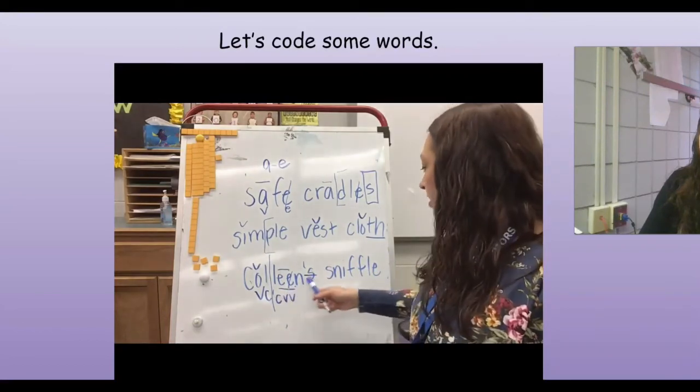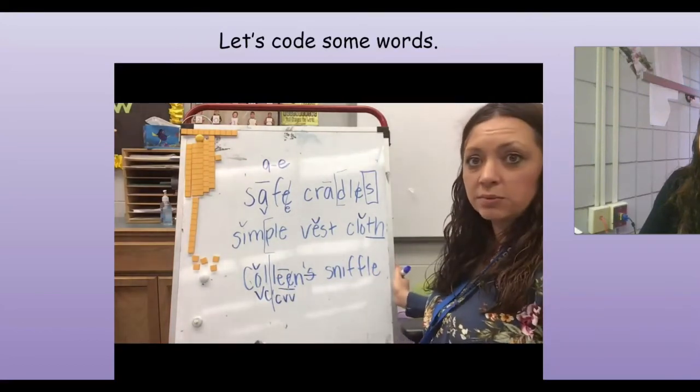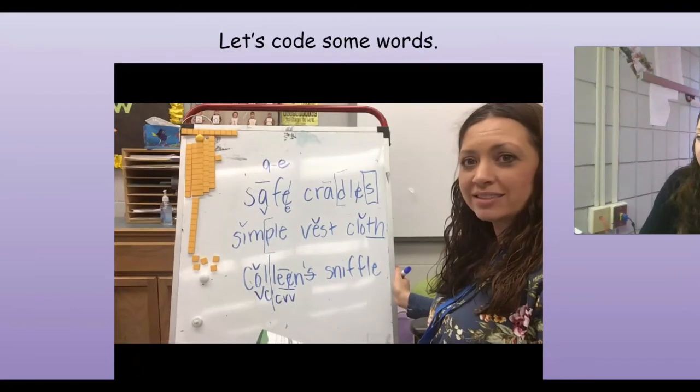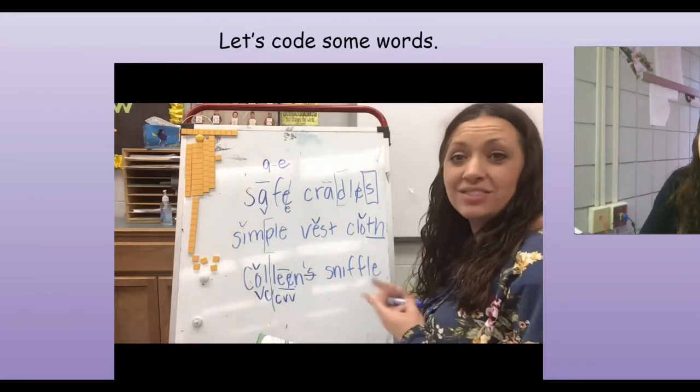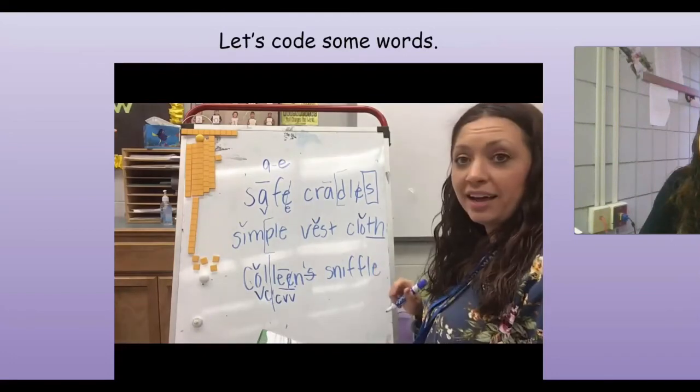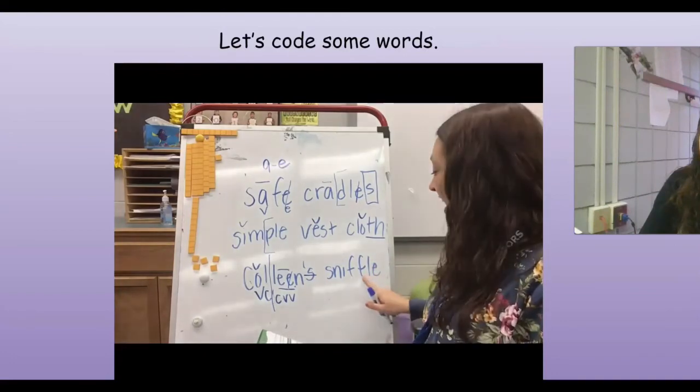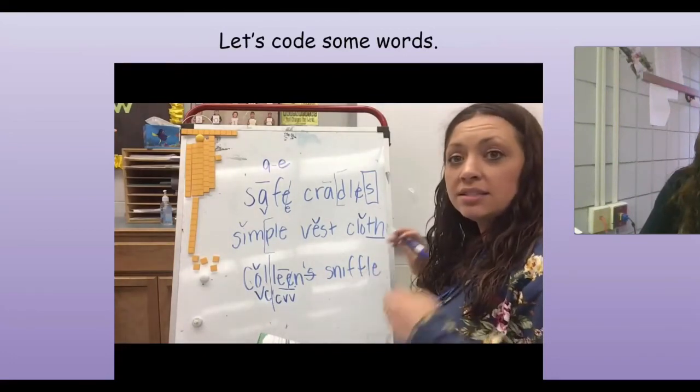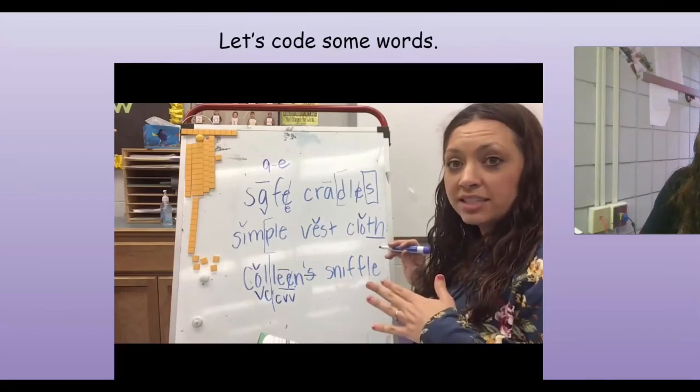Okay, Colleen's, ooh, look at this word. What do you notice? Well, I don't have an S or an ING or an ED, so I don't have a suffix. But what do I have? That's right, I have that full, stable consonant at the end, okay?